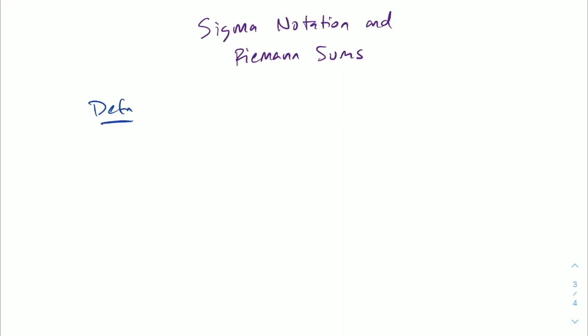Sigma notation is a way to compactly write a sum. If we have a sum like a1 plus a2 all the way up to an, we can write this as sigma i equals 1 to n of a_i. Let me talk about what each part of this expression means.